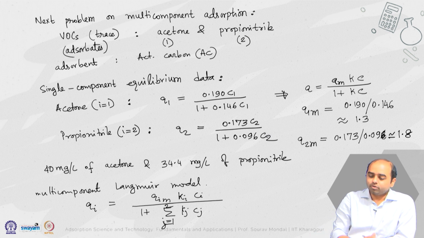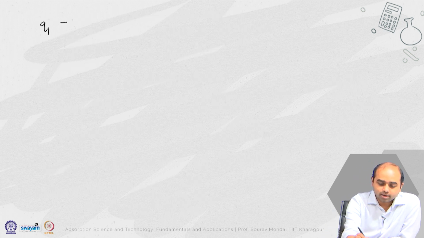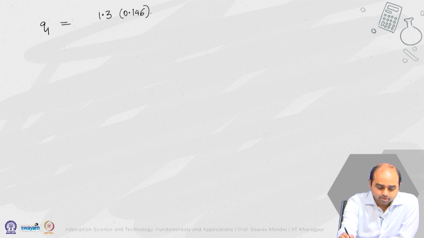Now we have worked out the values of Qm for these two individual cases. Now these can be coupled together. So now you know the Ki values, K1, K2 values, Qm1 and Qm2 values, and we can use the multi-component model. To work out Q1, we use this theory: 1.3 multiplied with 0.146, and for the first case 40 milligram per liter, so this is for the acetone case.